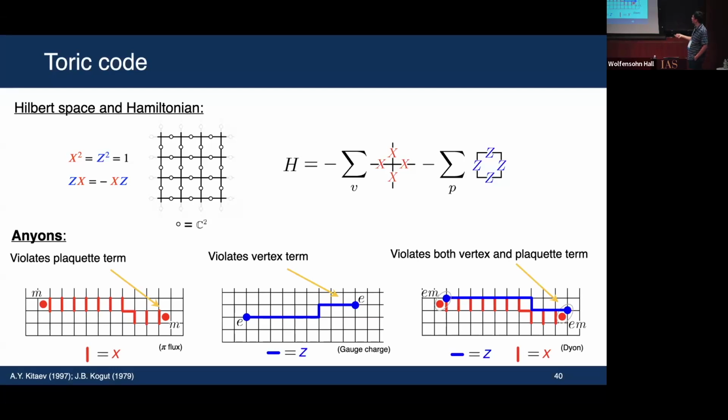One of them is what's called the e-anyon, which is a violation of the red term, the product of X. And the other, the m-anyon, is a violation of the blue term. The e-excitation can be created by applying some string operators along some path that connects the two points. Okay. And you can make a bound state of e and m, and this would be a fermionic particle. So this is the famous toric code model.